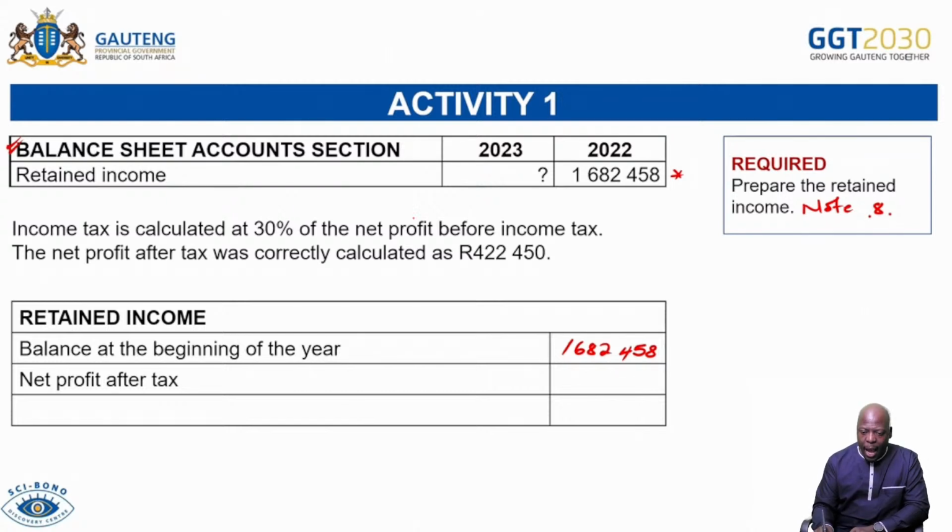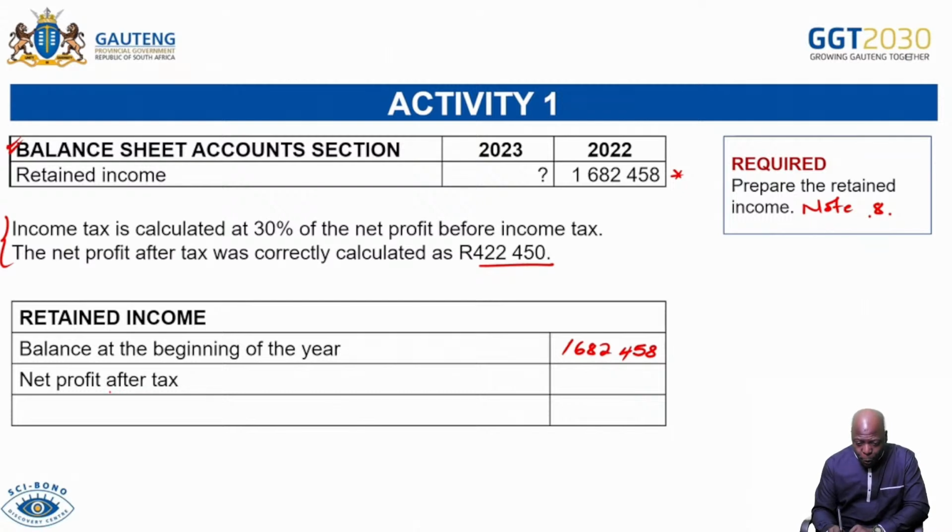And then I am given this information. And that information reads that income tax is calculated at 30% of the net profit before tax. And the net profit after tax was calculated as 422,450. So what we want here is net profit after tax.